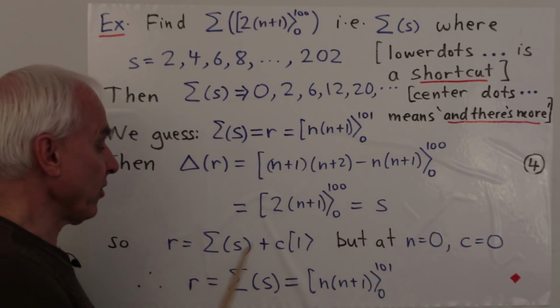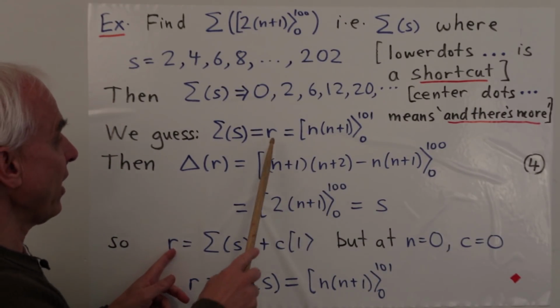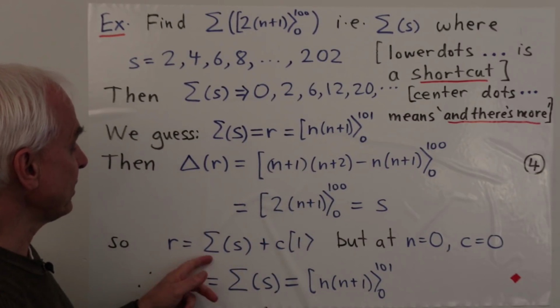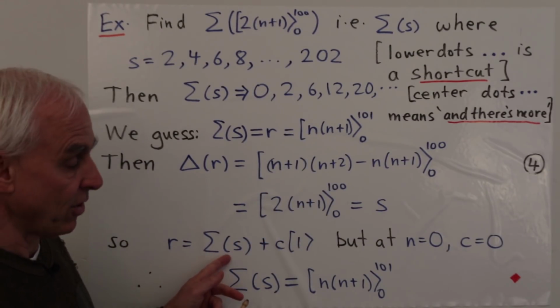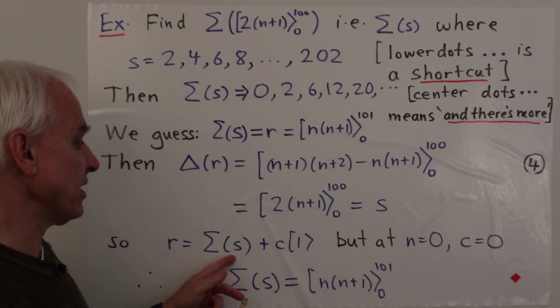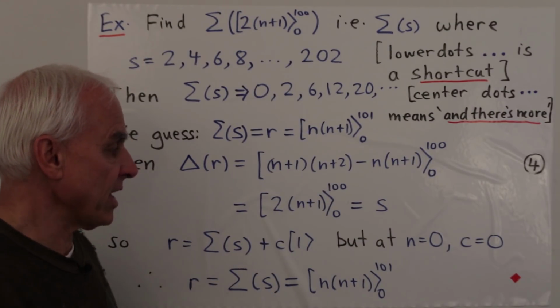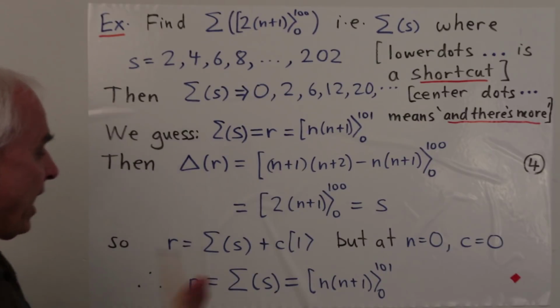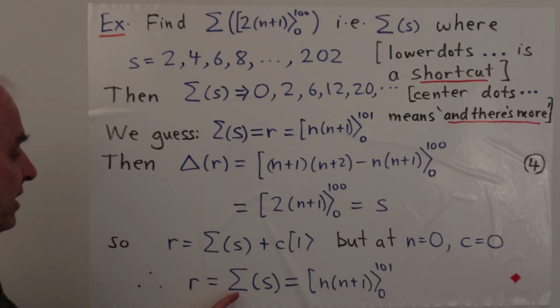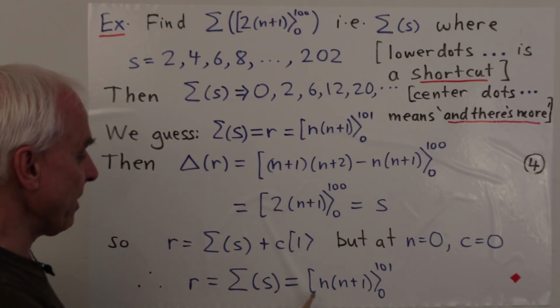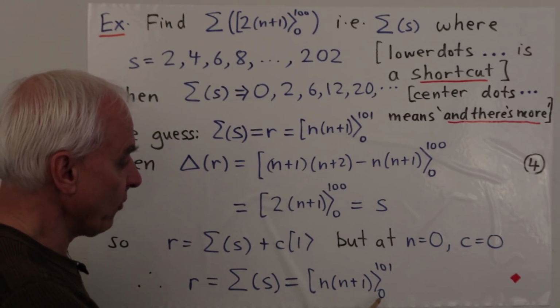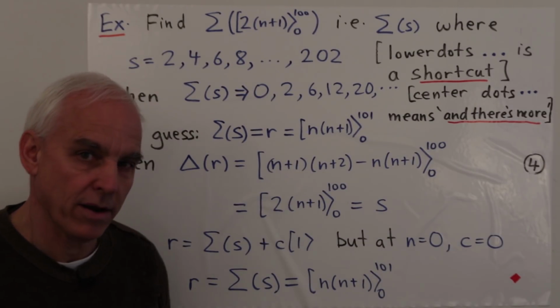Let's say at n equals 0. At n equals 0, r has the value 0, and sigma of s has to be 0 because all summations start with 0. So that allows us to conclude that this c is actually equal to 0, and indeed this r is entirely the summation of s. So we found the summation of s, it's the sequence n times n plus 1 from 0 to 101.